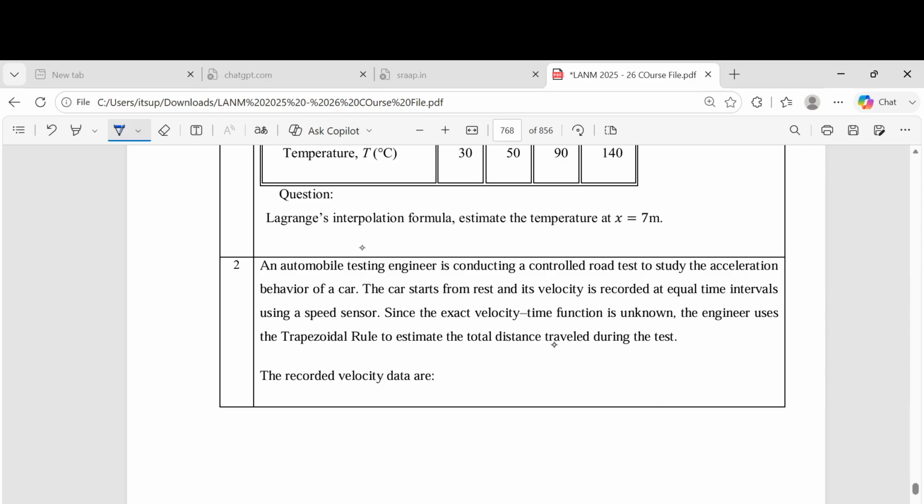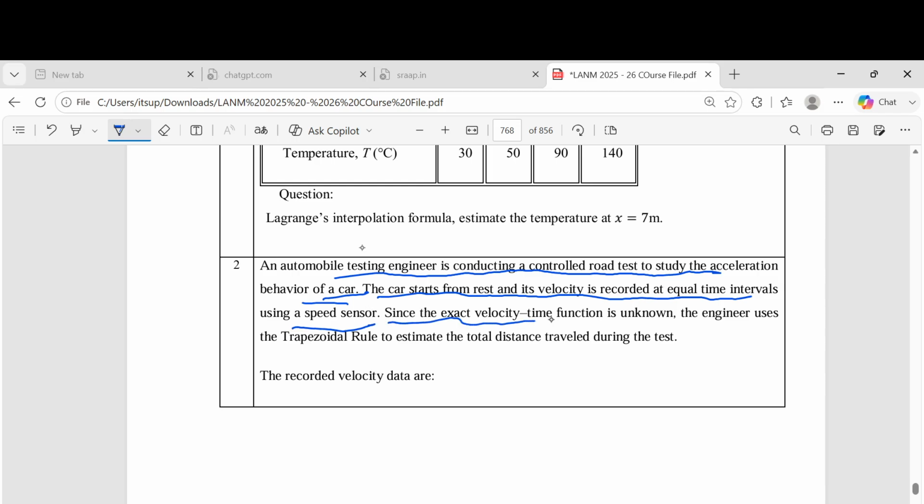An automobile testing engineer is conducting a controlled road test to study the acceleration behavior of a car. The car starts from rest and its velocity is recorded at equal time intervals using a speed sensor.